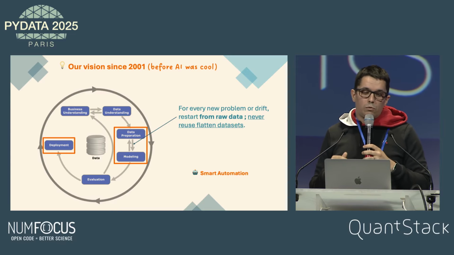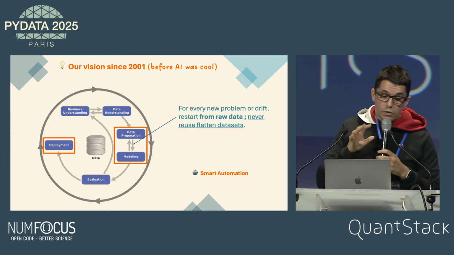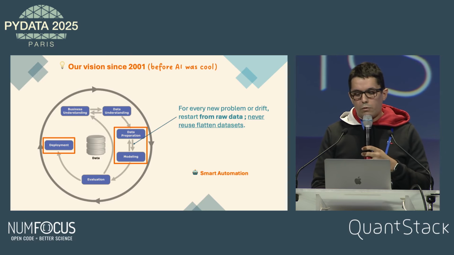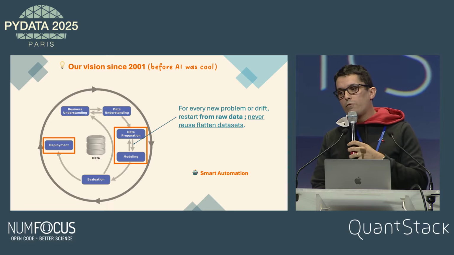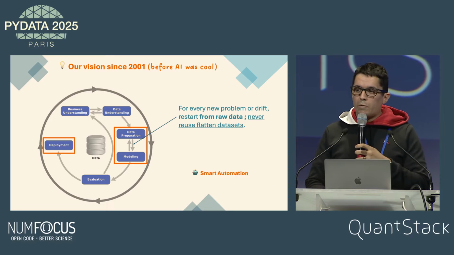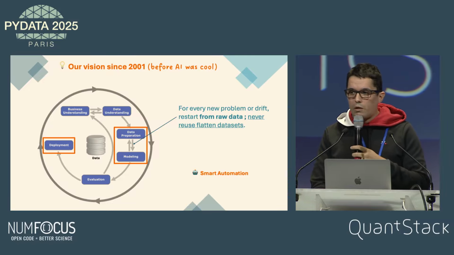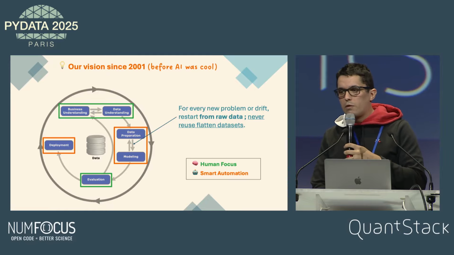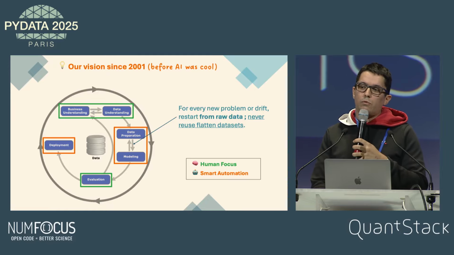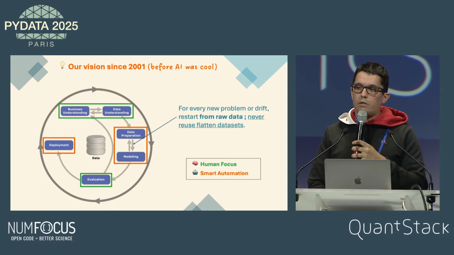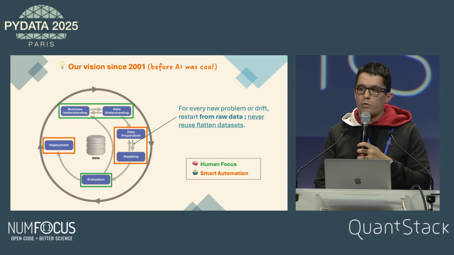The idea is to build a single formalism that will handle the problem end to end. So the idea is to have one formalism to make the pipeline secure, reproducible, and robust. And of course, if we automate the pipeline, the idea is not to replace the data scientist. It's to help them focus on what really matters.